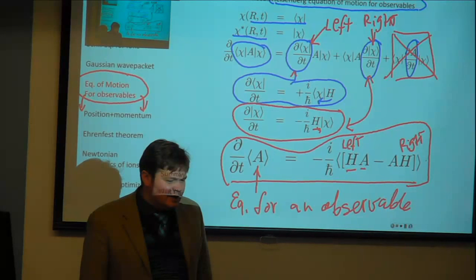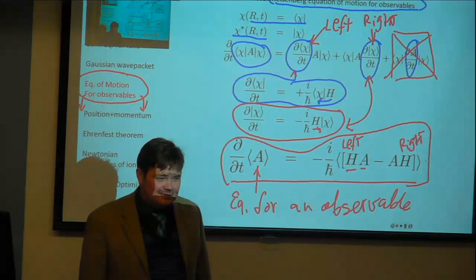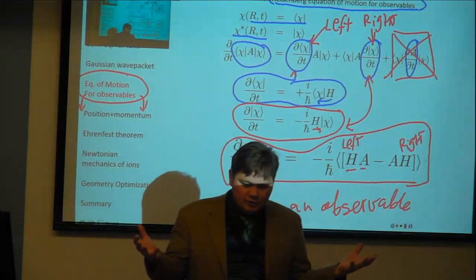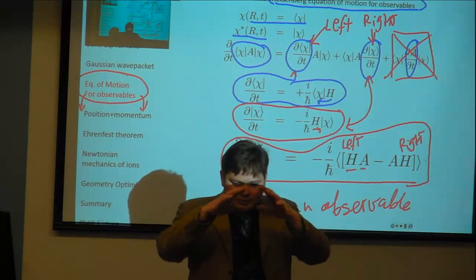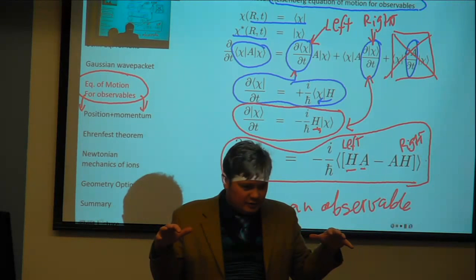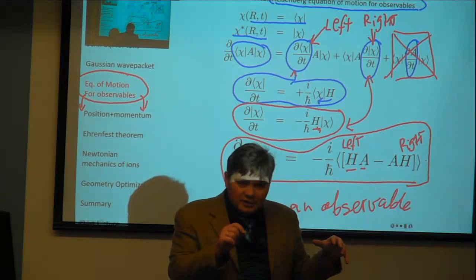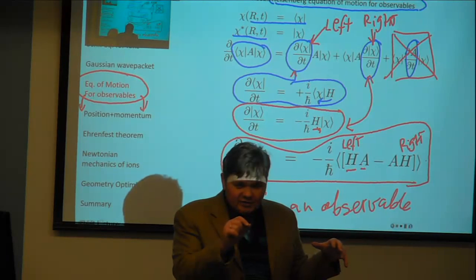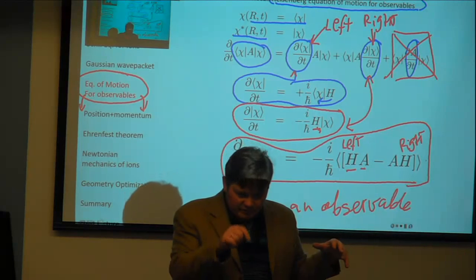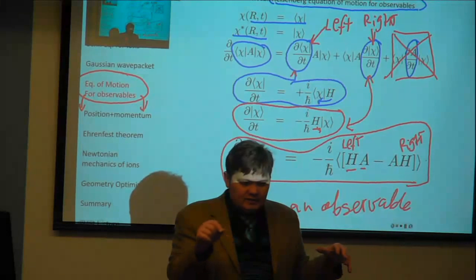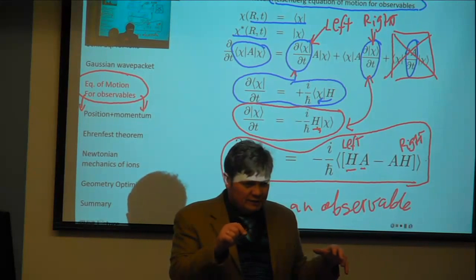If you were taking physical chemistry recently, this shouldn't be surprising to you. But the question is as follows. We have an equation for the distributed continuous function, the wave function of nuclei, and we need an equation for the expectation value of some operator. For our practical purposes, it is position and momentum. How do we get an equation of motion for the expectation value?